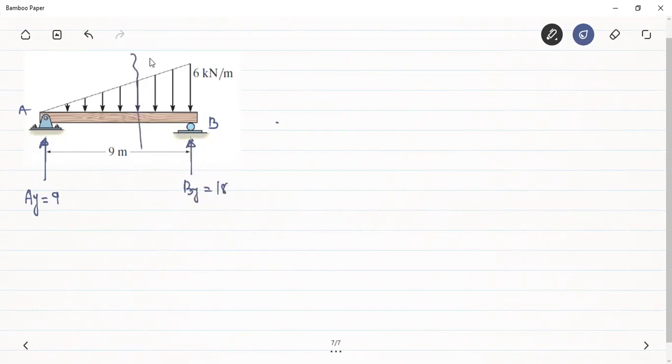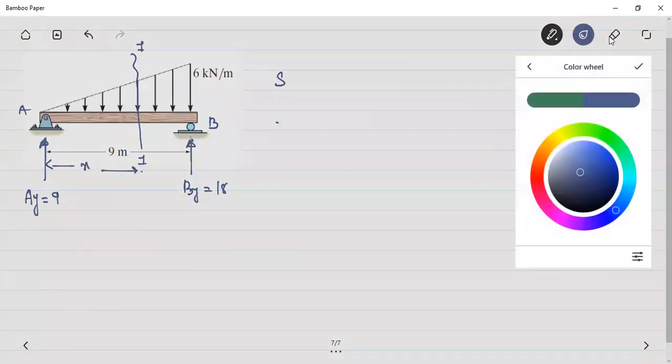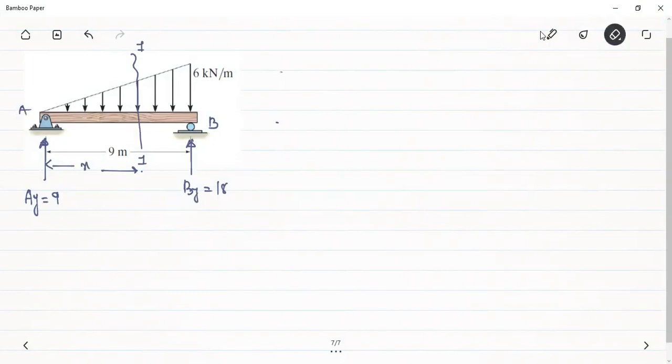Let's take a section 1-1 at a distance of x. So the shear force at this section will be equal to the summation of all the transverse loads either from the left hand side or from the right hand side of the section.